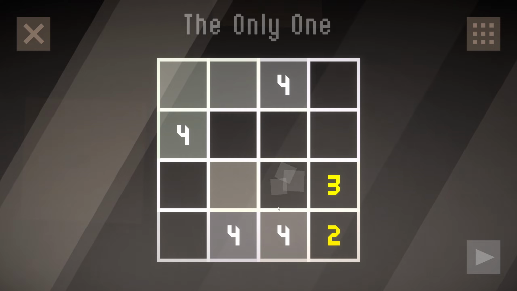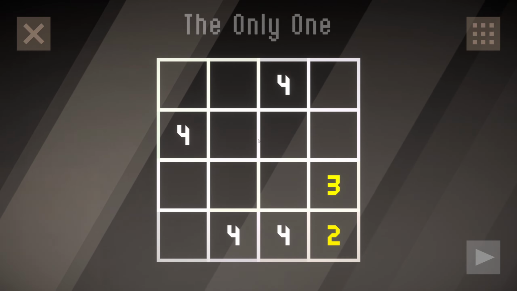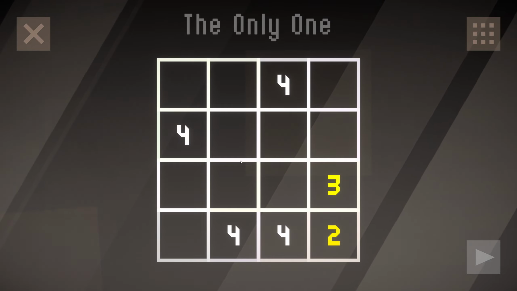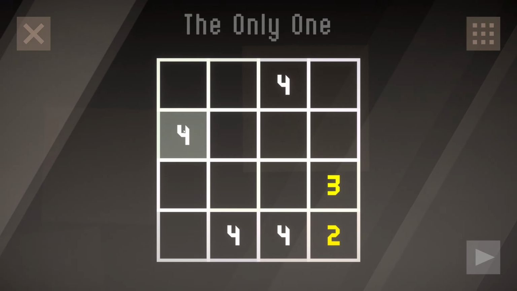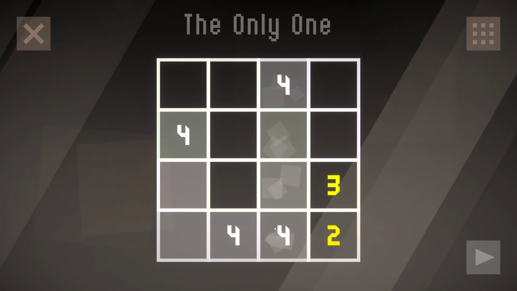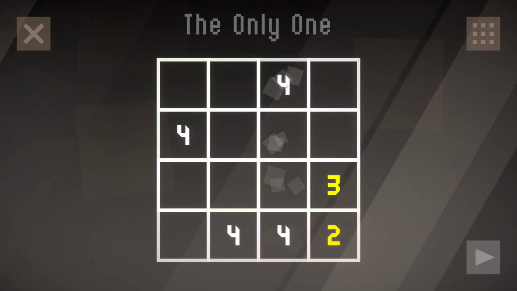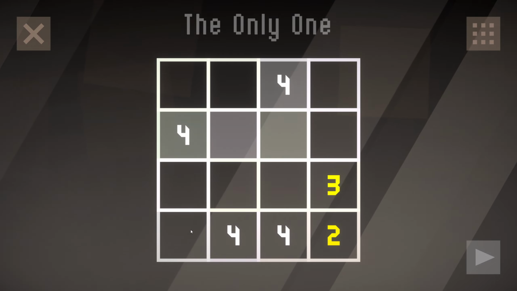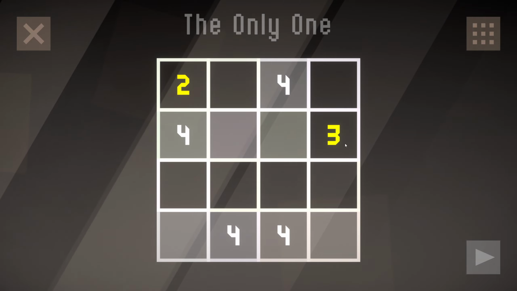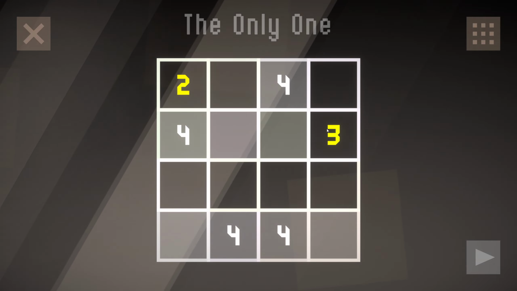Right, ignore the 3 and the 2. How do you make 2 4 groups with the 4s in them? Can't do this. You can do that, but then you can't have a 3 left out on its own. Yeah.